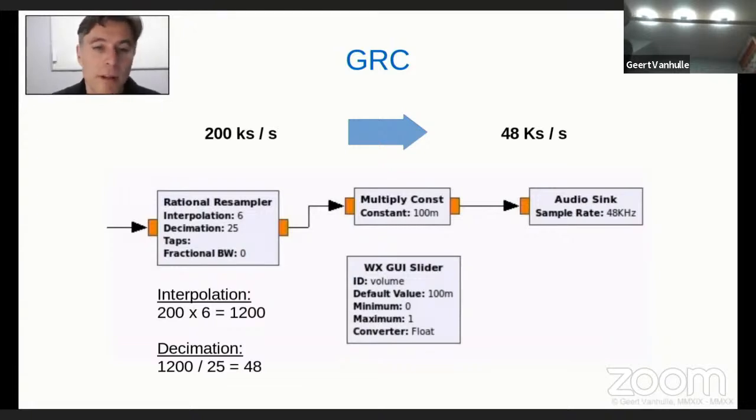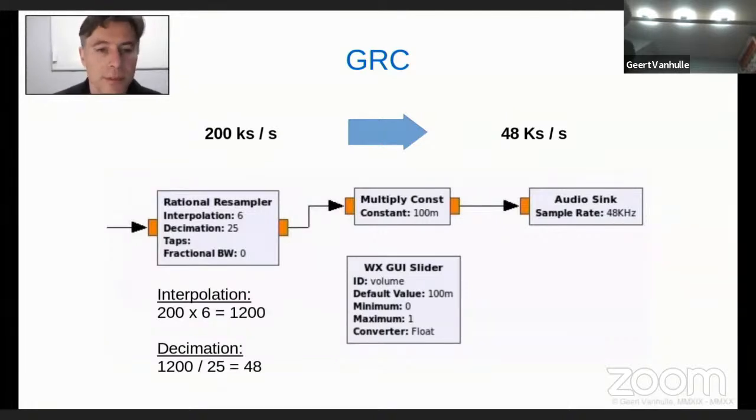That's impossible. If we do simple sample dropping, we can drop 1 out of 2 samples, or 1 out of 3, or 2 out of 3, but we can't drop half a sample, for example. So what we will use is an interpolation stage, and this is what we call a rational resampler block. We will in fact make more samples first before we do the decimation.